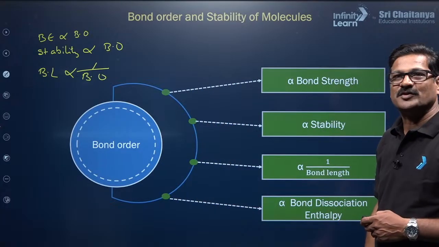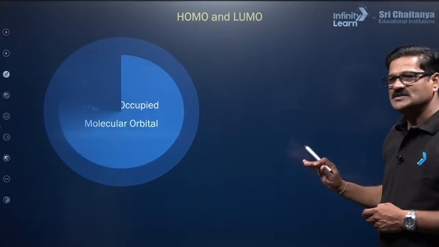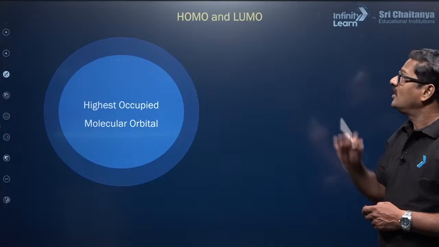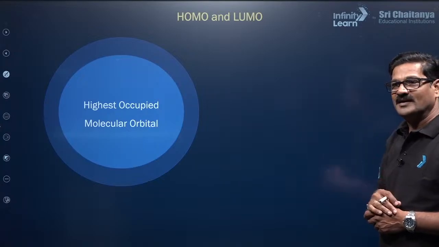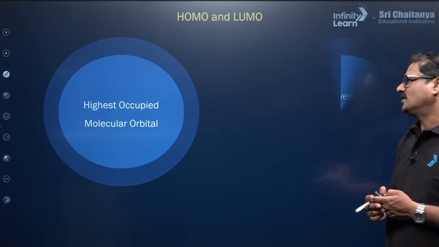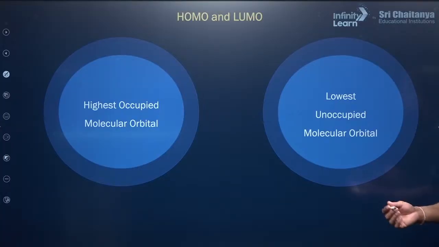Do you want me to give the trick? HOMO and LUMO are very important: highest occupied molecular orbital and lowest unoccupied molecular orbital. There is some tech issue, let us say because of the heavy rains.